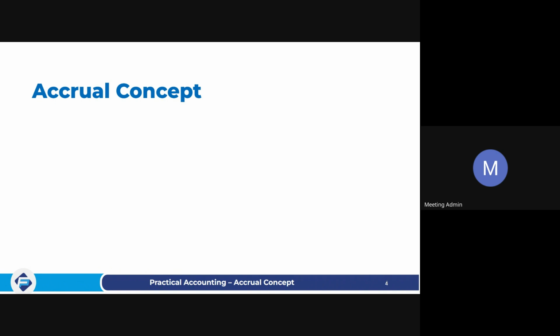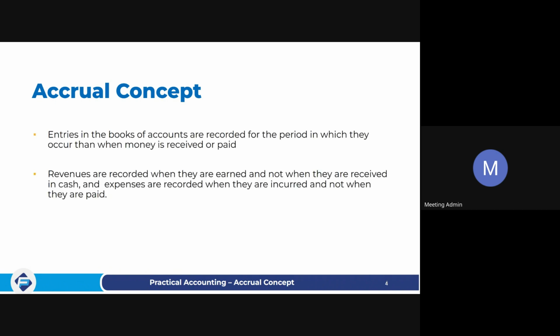Okay, when it comes to accrual concept, you can see that entries in the books of accounts are recorded for the period in which they are accrued rather than when money is received or paid. The best example is a newspaper bill, as well as an electricity bill. We will be getting a benefit, but we'll be paying later. Am I right? So that is accrual based. Banu, understood? Yes. Okay.